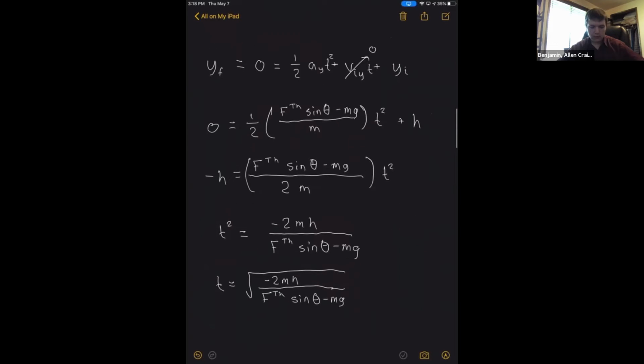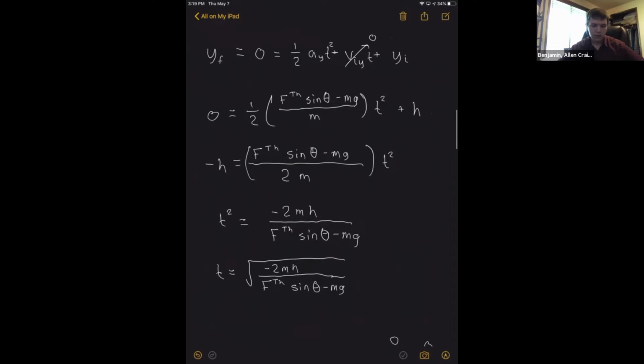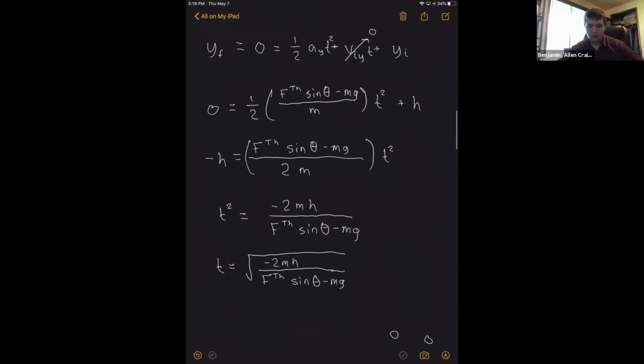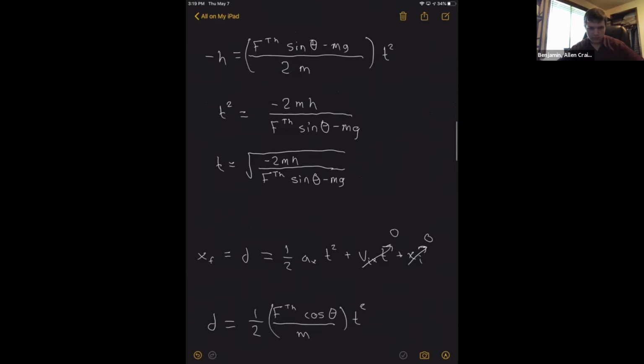Then for the position versus time, we used the kinematics equation for final position and plugged in some of our knowns and unknowns, and then solved for time, which we got here.